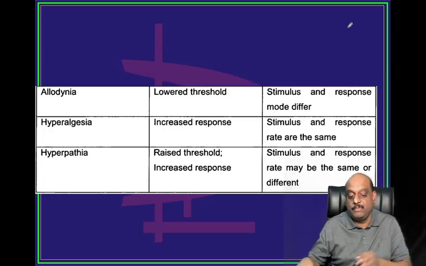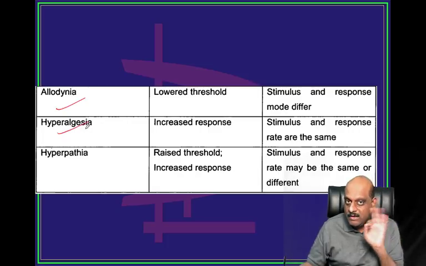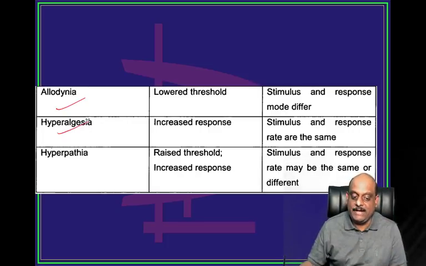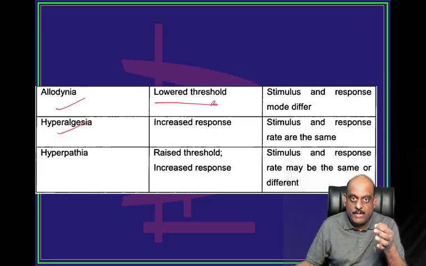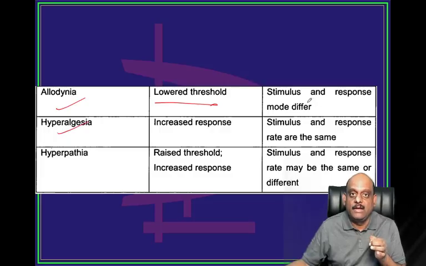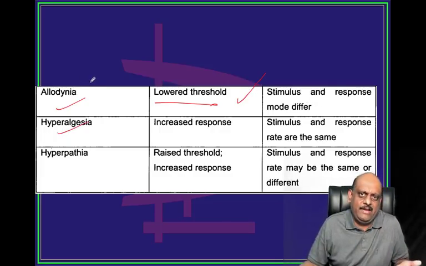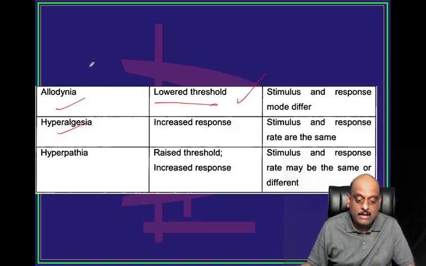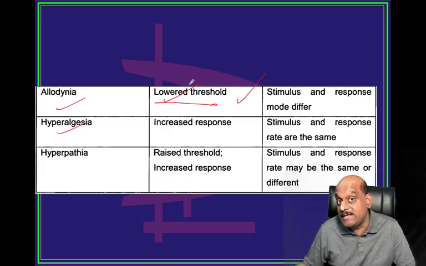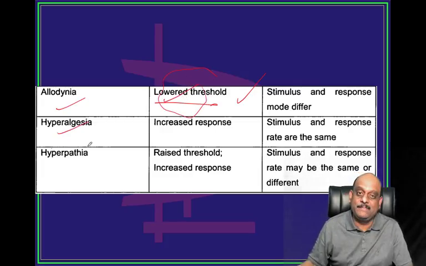Doctor, remember, allodynia and hyperalgesia look similar, but with allodynia there is a lower threshold: otherwise a small stimulus produces the pain which is otherwise a very innocuous, non-painful stimulus. That produces the pain, that is allodynia, that is increased sensitivity and lowering of threshold.